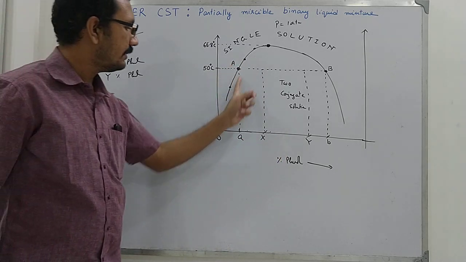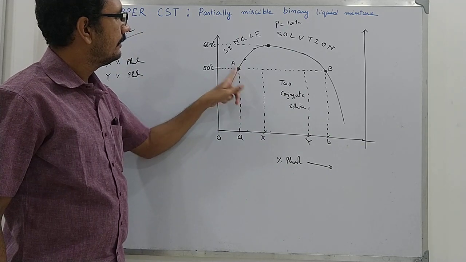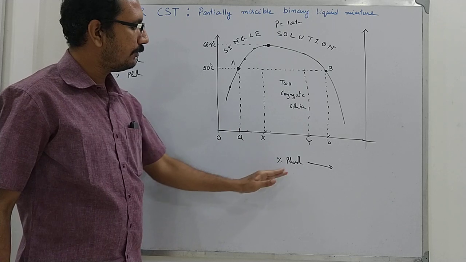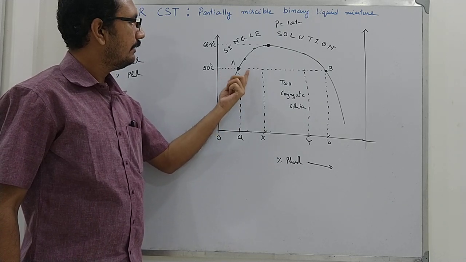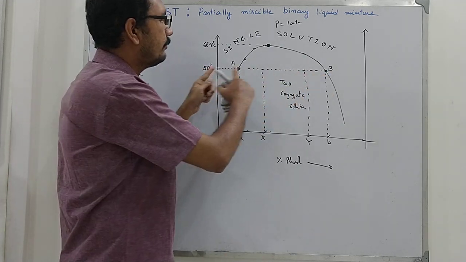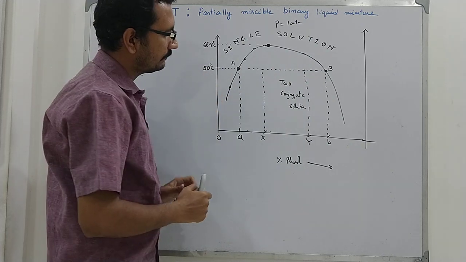They have given you the position of A, B, that is the point below which you will have a single solution and above which you will get two conjugate solutions, the two extreme limits at this particular temperature.